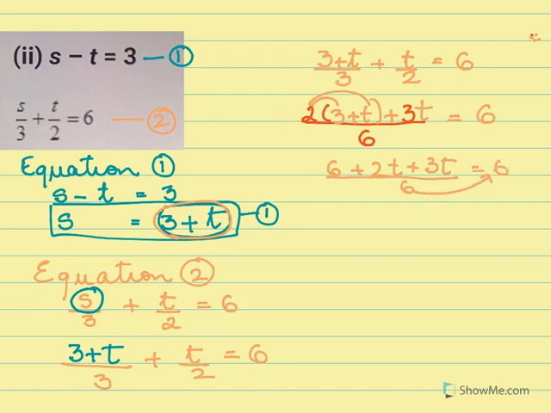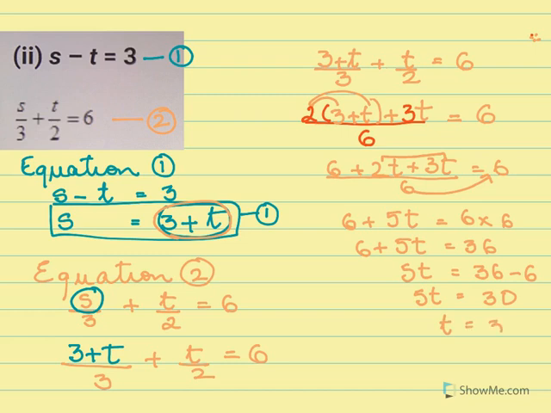Now this 6, we'll put it up here, so we'll get 6 plus the 2t and 3t will add up and we get 5t. Here it will be 6 into 6, so we have 6 plus 5t equal to 36. 5t will be 36 minus 6, and that is 30. 5t will be 30, and your t will be 30 over 5, and the t will be 6.